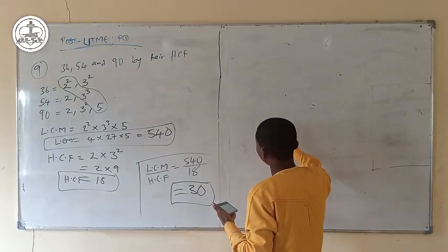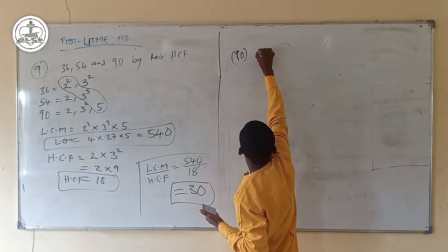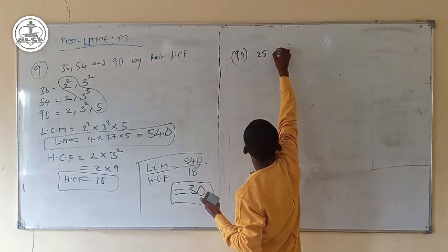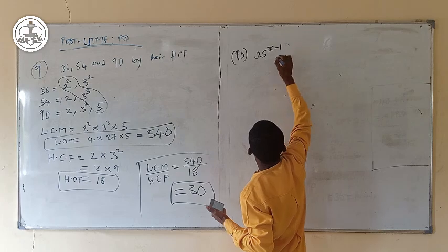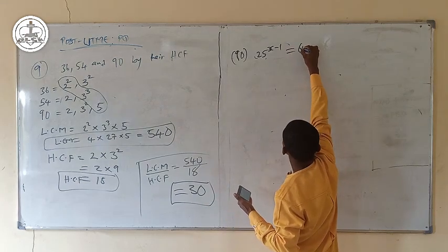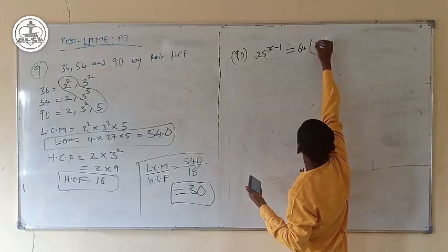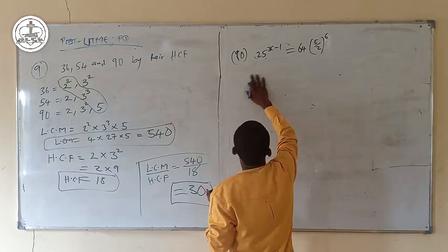What do we have here? We have 25 to the power of x minus 1 is equal to 64 in brackets 5 over 2 all to the power of 6. What are we going to have here now?